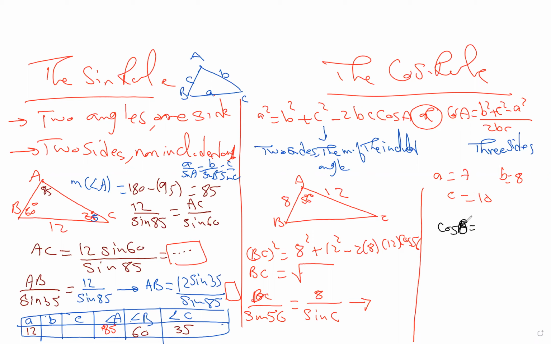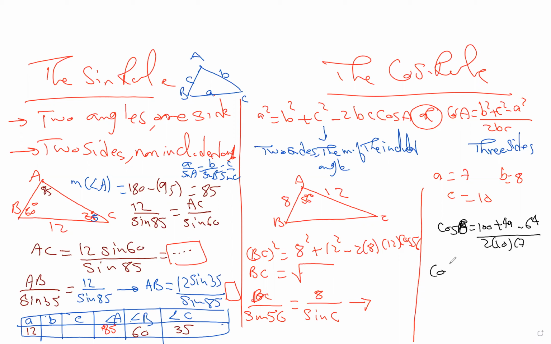If you need cosine B, it will be c squared plus a squared minus b squared, which is 64, over 2 times 10 times 7.